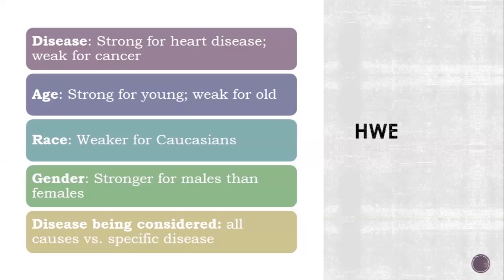So in the case of a disease, the healthy worker effect is strong for heart disease and weak for cancer. Now, what do we mean by this? When we say the healthy worker effect is strong for heart disease and is weak for cancer, what we simply mean is that there is a distinct difference in the way heart disease affects workers.